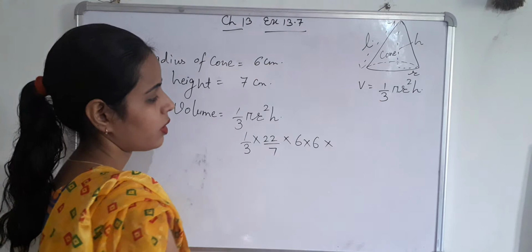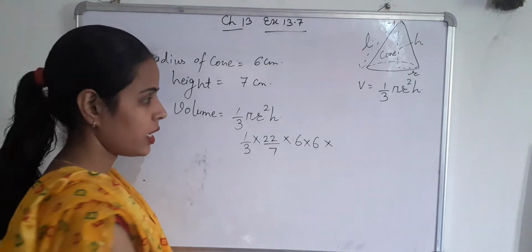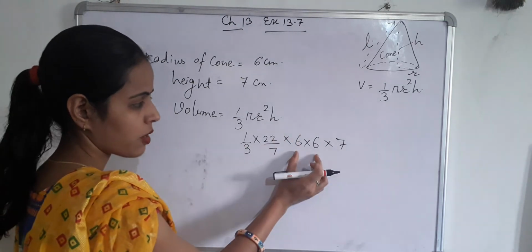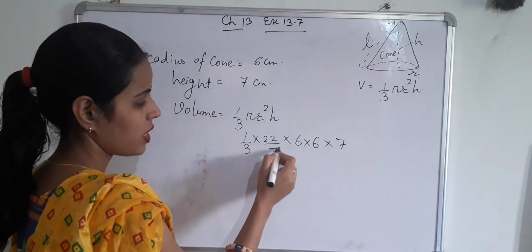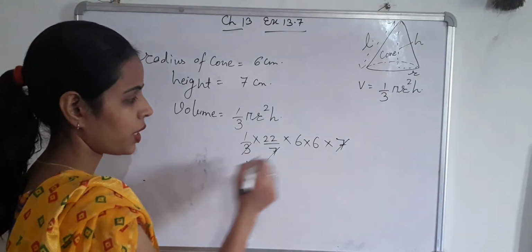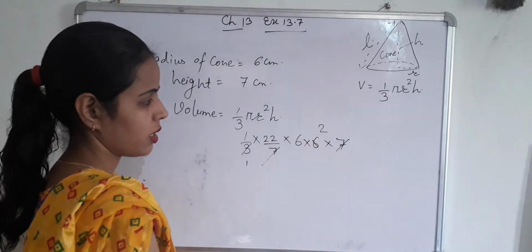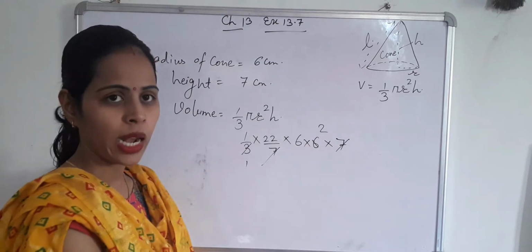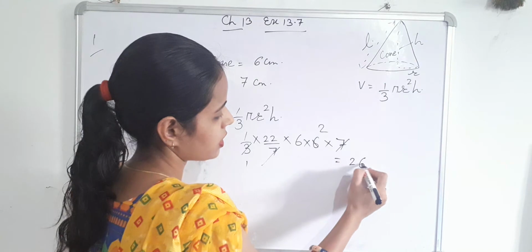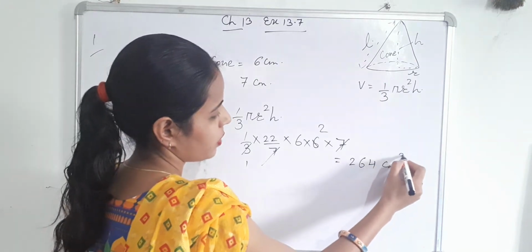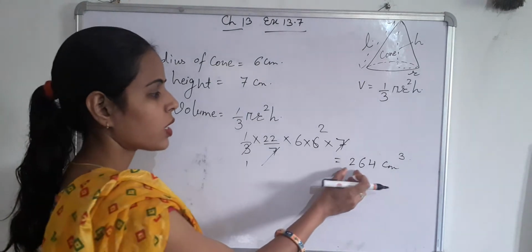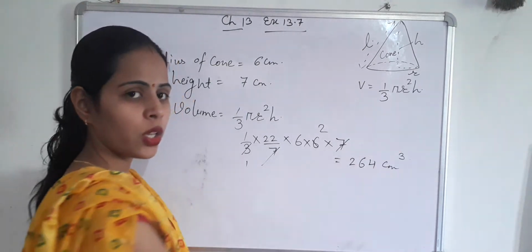Then multiply by 7, height is 7. 7 is cancelled by 7. 3 1 3, 3 2 6, 6 into 2 12. 12 into 22 is equal to 264 centimeter cube. So volume of this cone equals 264 centimeter cube.